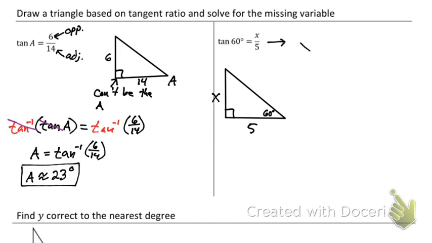So if I multiply both sides by 5, it's going to look something like 5 times tangent of 60 degrees is going to equal x. Now we just type 5 times tangent of 60 degrees in our calculator, and we're going to come out to about, I'm going to round to the nearest tenth because it is a side. X should be about 8.7.